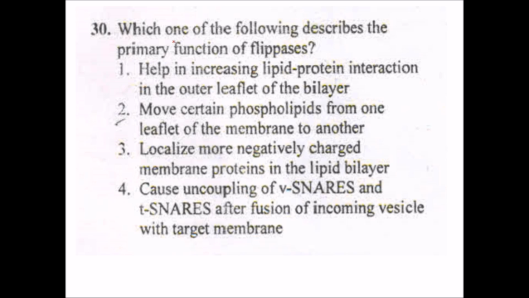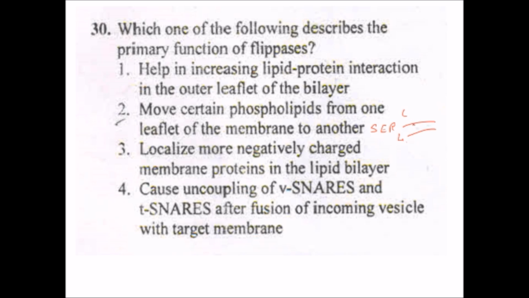It is very simple. Which of the following describes the primary function of flippases? Flippases come into play when our body synthesizes phospholipids. Phospholipid is synthesized in the smooth endoplasmic reticulum on the cytoplasmic side. This is the cytoplasmic side and this is the luminal side.